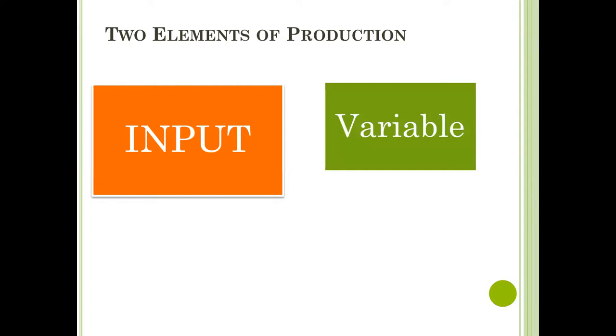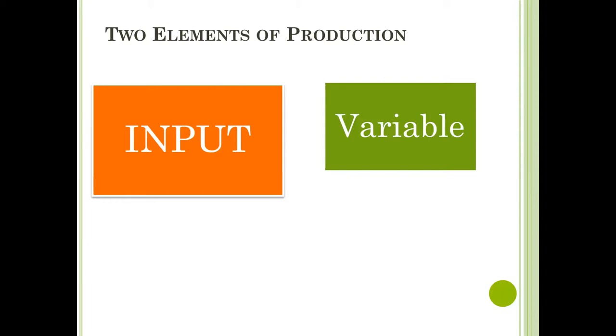Therefore, these inputs do not remain constant as you vary the volume of produce. For example, labor, raw materials like fertilizers, leather, wood, and then we also have electricity, office supplies, etc. Since variable inputs are actually expenditure, it is called variable cost.